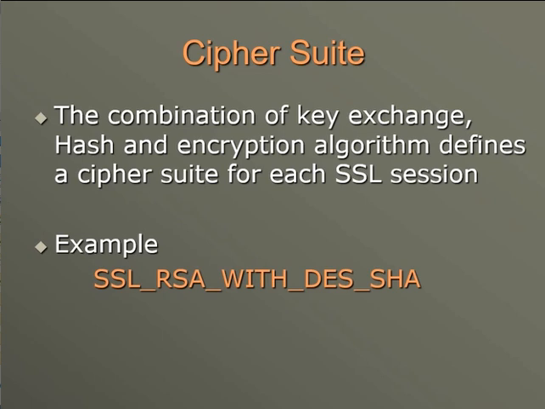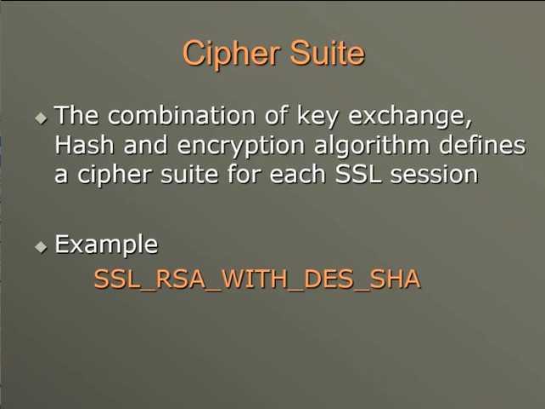So here we have not included all the algorithms. For example, you can see here an example of SSL using RSA with DES and SHA. Each suite starts with the term SSL, which is followed by the key exchange algorithm. So here the example states that RSA is the key exchange algorithm which is used.